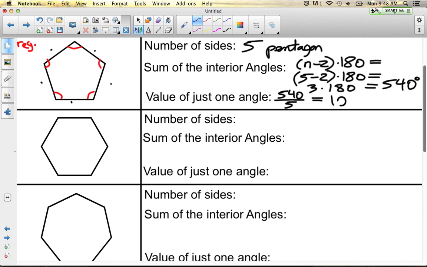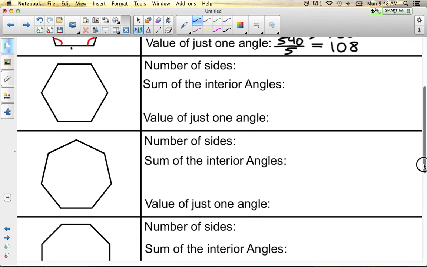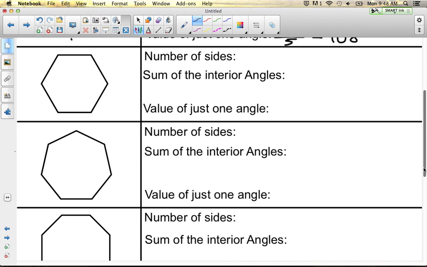Hopefully we got 108. If you didn't, that's all right. We're going to move on. Let's get the number of sides of this next polygon. Looks like we have 1, 2, 3, 4, 5, 6 sides. That'd be a hexagon. And this also appears to be regular, so I know that all sides and all angles are going to be equal.